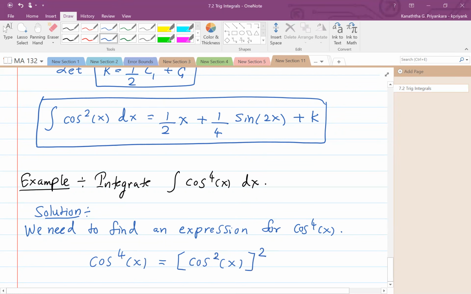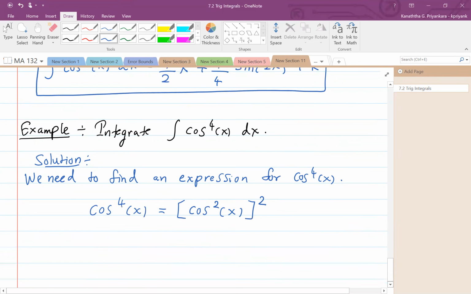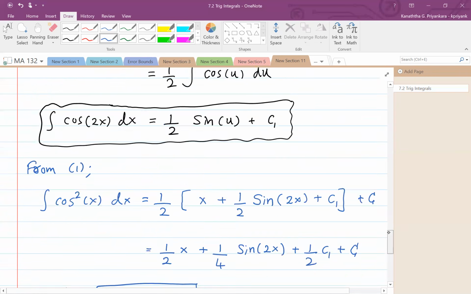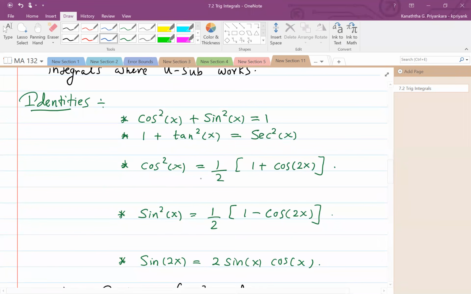If you multiply the powers, you get cosine to the power 4 x. Now we know an expression for cosine squared x, that would be 1/2 times 1 plus cosine 2x. So I'm going to use this.